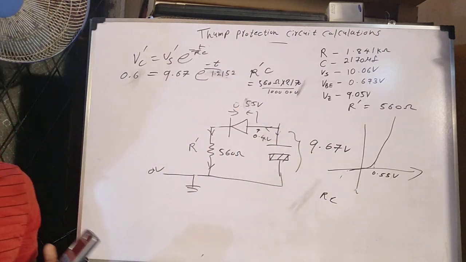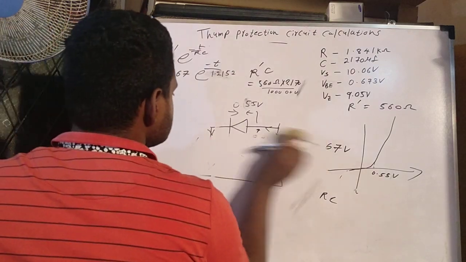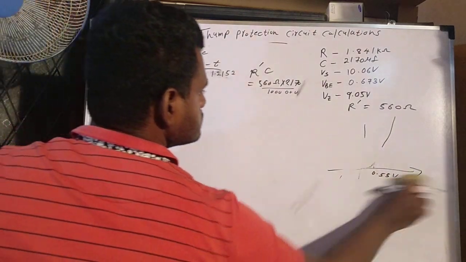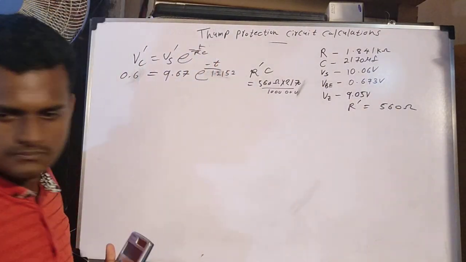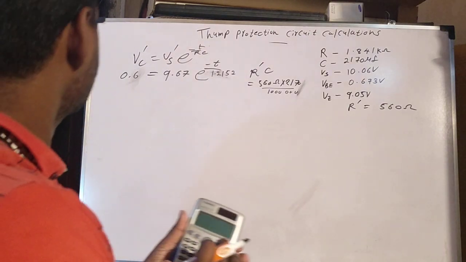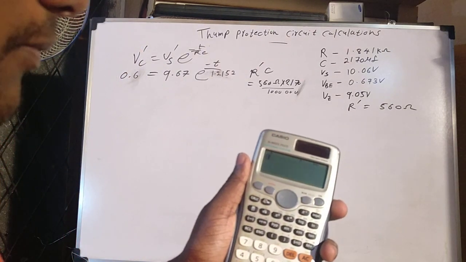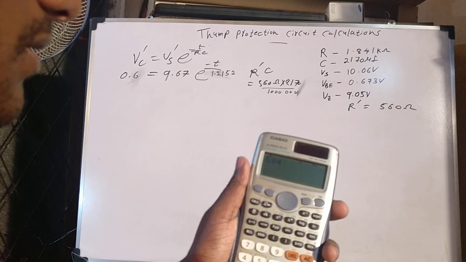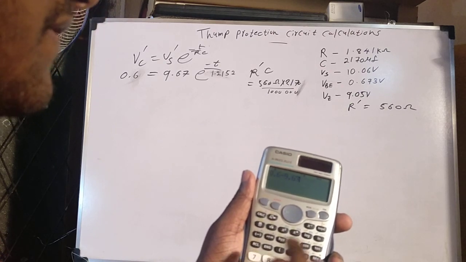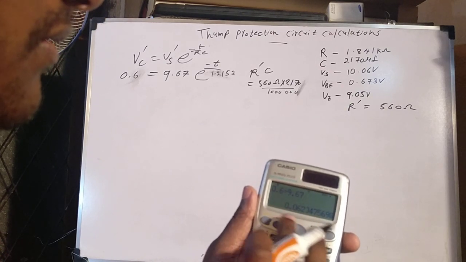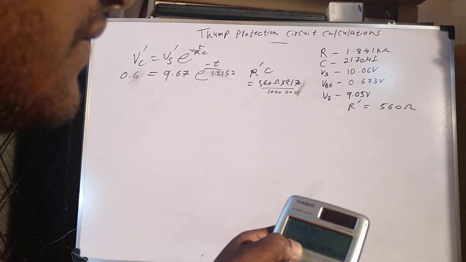Now I am erasing this circuit. 0.6 divided by 9.67, the value is 0.062.